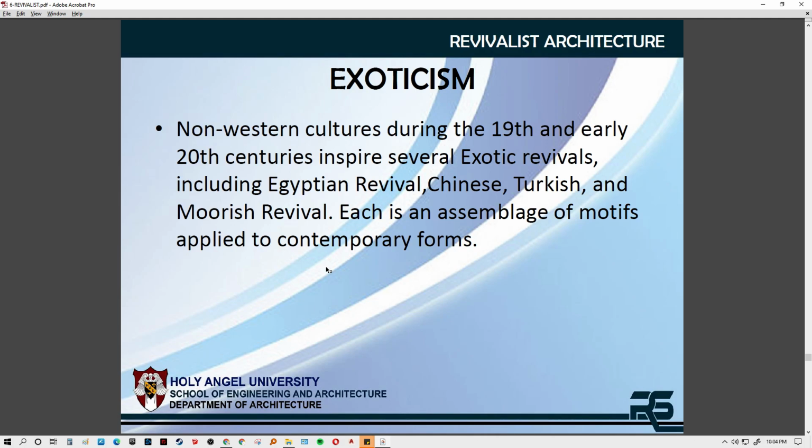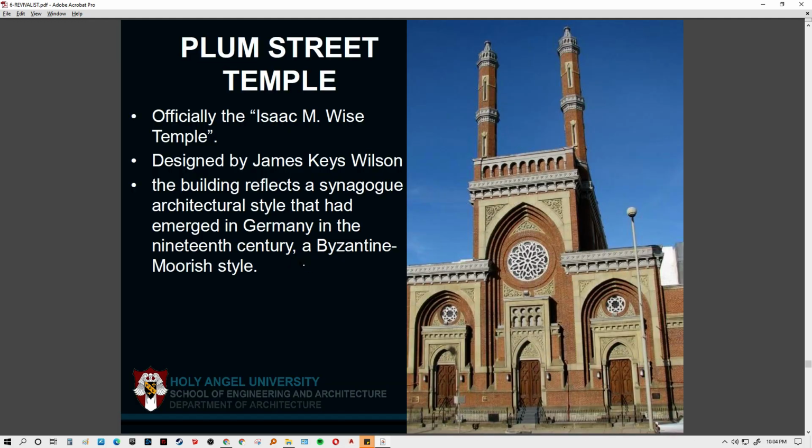And this includes Egyptian, Chinese, Turkish, and Moorish revivals. So the motifs of it adapting to modern or contemporary style, and has some patterns that are not usually seen in parts of Western culture.